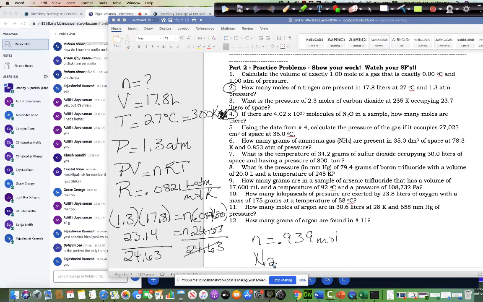If it's diatomic, its molar mass is not going to be 14, it's going to be 28. So if I wanted to go an extra step, there's 28 grams for every 1 mole, so that's going to be 26.3 grams. Make sure you're paying attention. If it's asking for grams, check to see if it is diatomic, because nitrogen gas is N2, not just N. But it didn't ask for that. This was a nicer problem.